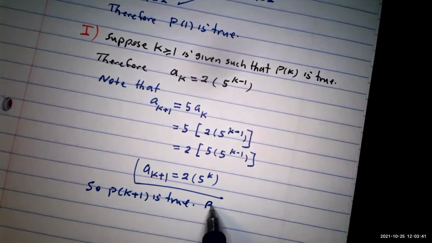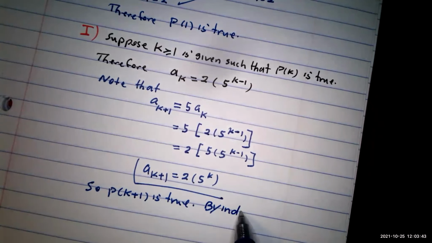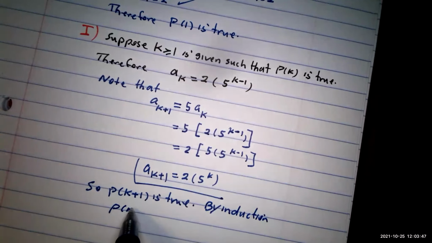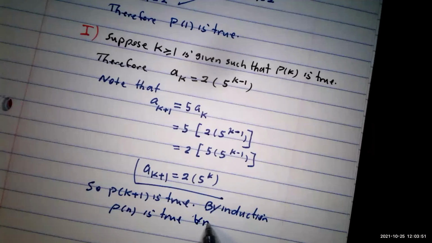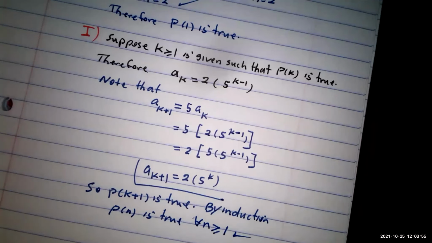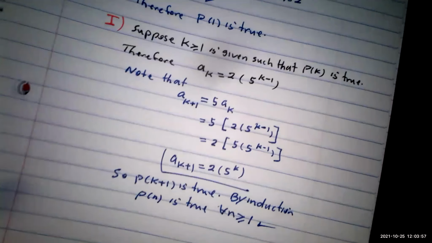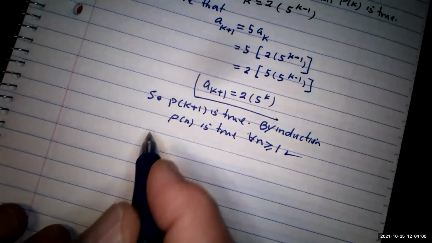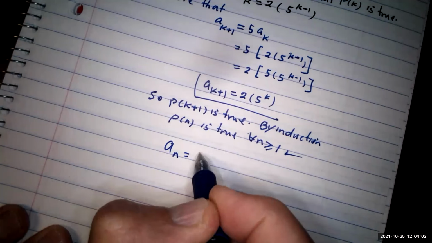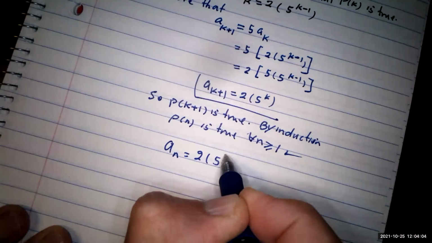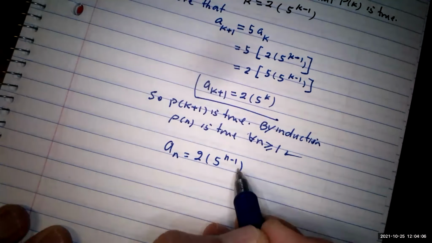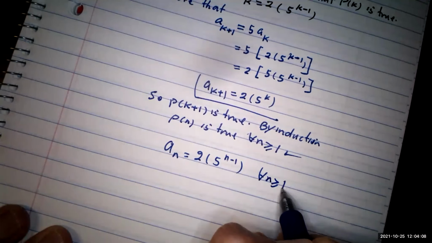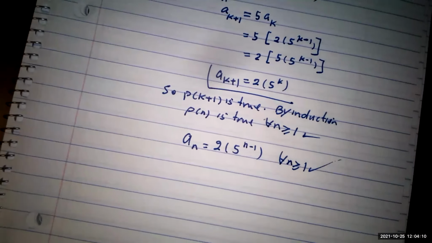And by induction, P(n) is true for all n greater than or equal to 1. And you're done. Okay, so your claim is true. The claim that a_n is equal to 2 times 5 to the n minus 1 for all n greater than or equal to 1.